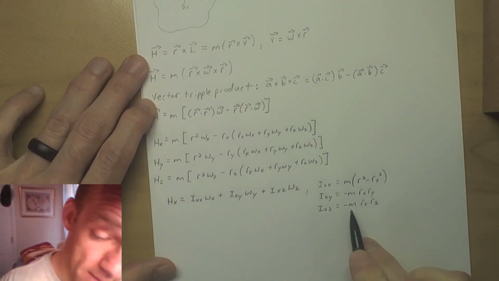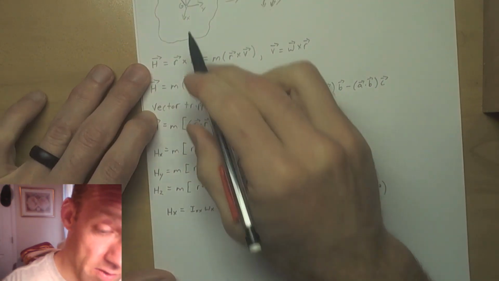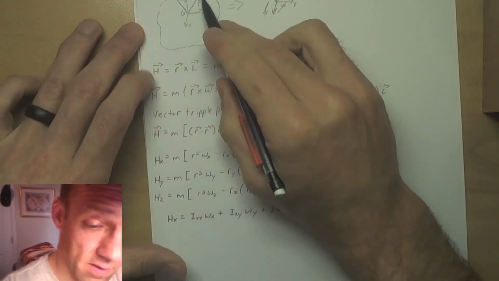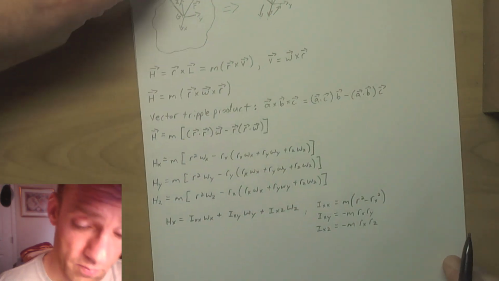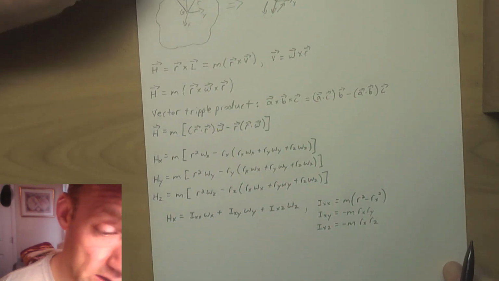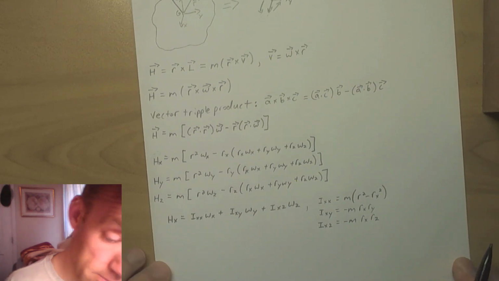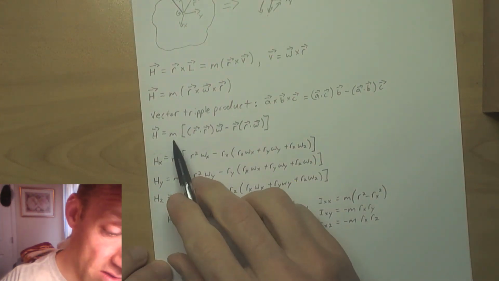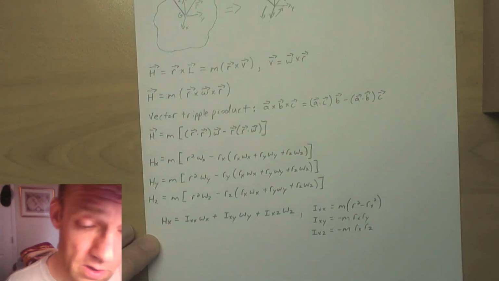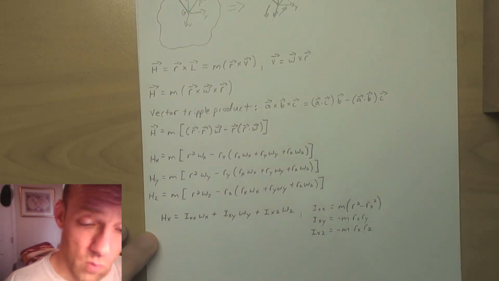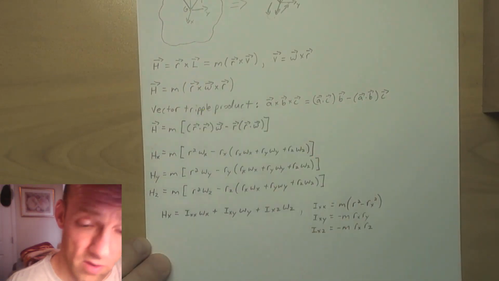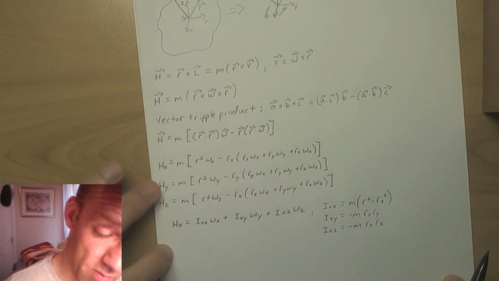Where m is the mass concentrated at the particle in this case. So the mass in all of these cases, we're talking about this single particle. Then we'll expand it to include distributions in a second, but it expands pretty straightforwardly.